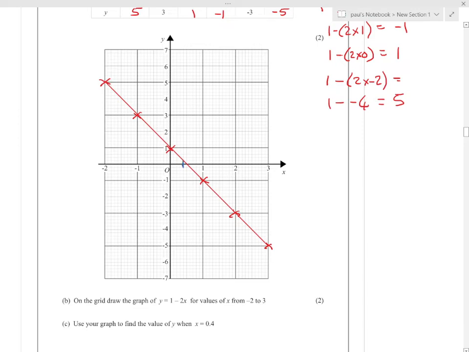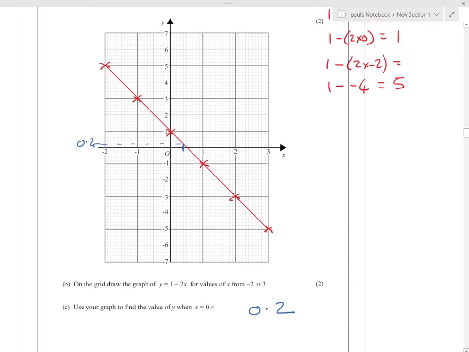So you go up to the line, and then you go across till you get to there, and on the y, these are 2, 4, 6, 8. So they've done these as different scales, so watch out for that. So that is 0.2. So we go 0.2. Brilliant, love it. Right, we've got some other stuff coming up, I'm sure.